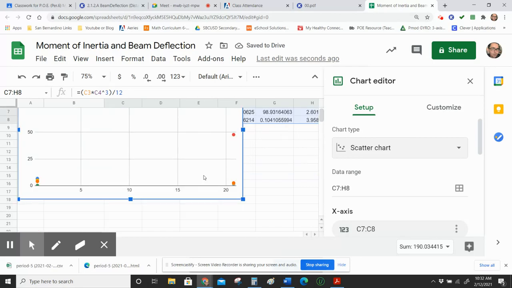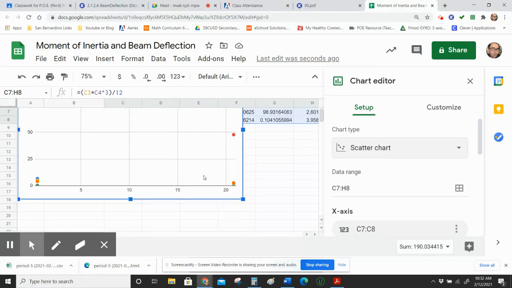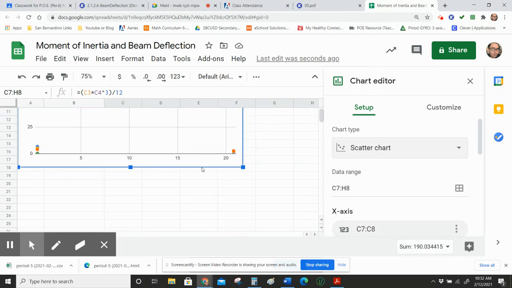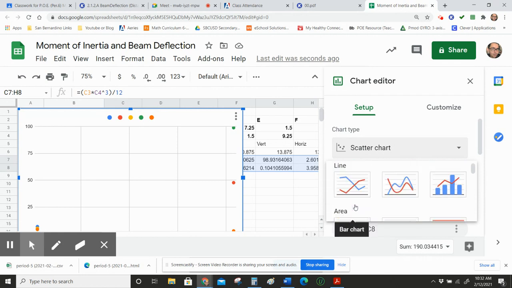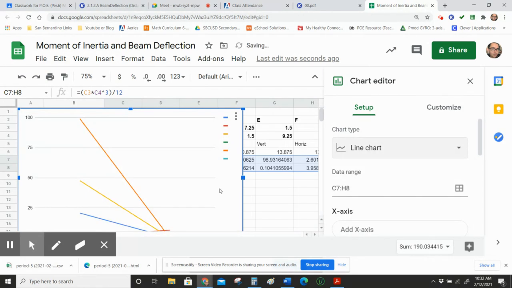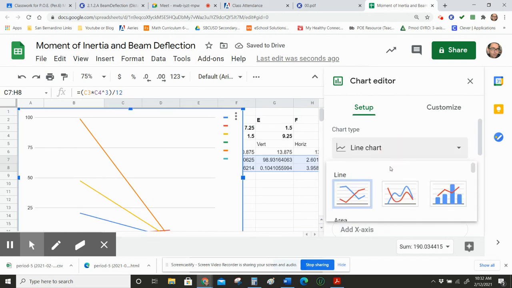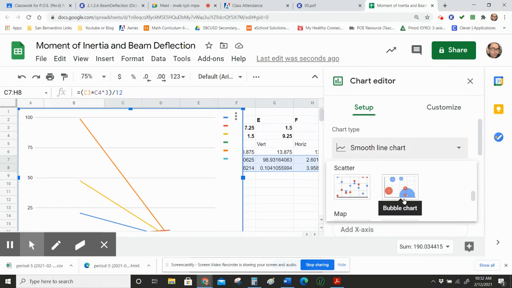Let's see if it did it well. It's not a very good chart. Let's see if the line one works fine. Oop, not really. Bubble chart.